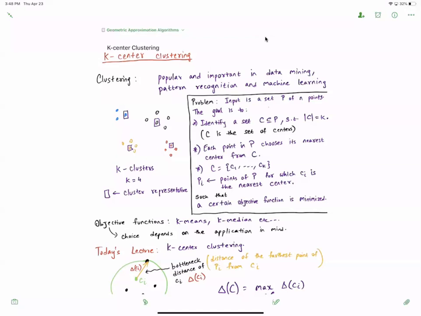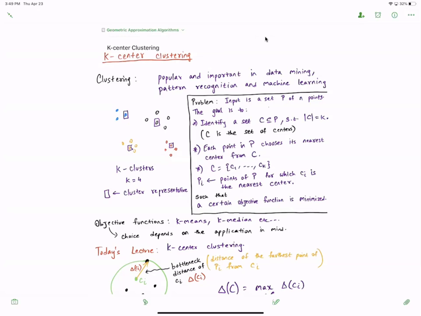Okay. So now we can always choose any arbitrary set of K points and do this clustering. So the whole goal is we will have some objective function in mind, and the way we pick our centers will be such that we want to minimize that particular objective function. The popular objective functions typically used are k-means, k-medians, and tons of variants of it.